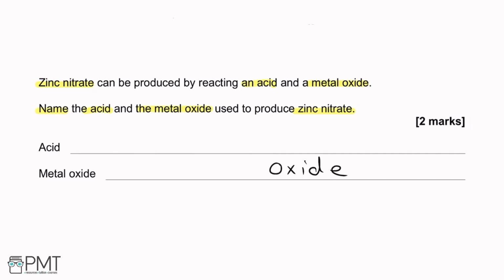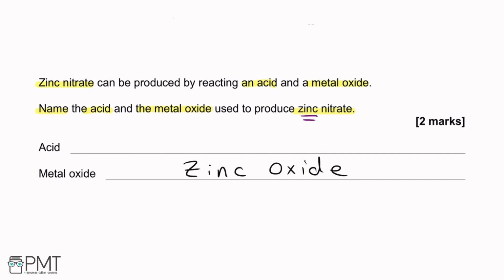Okay? And it is the metal oxide. And in this case, the metal in our salt is zinc. Okay, the first word of the name of a salt is always the metal. So therefore, our metal oxide is zinc oxide.